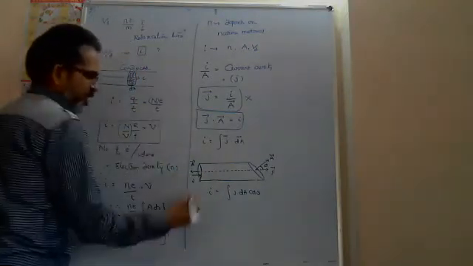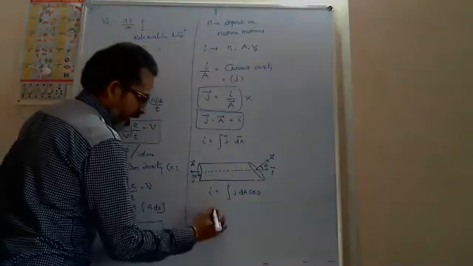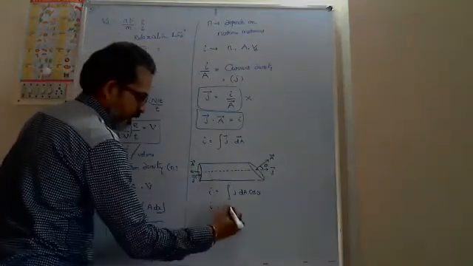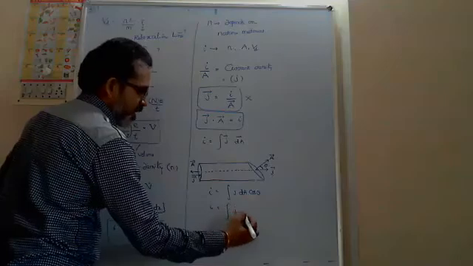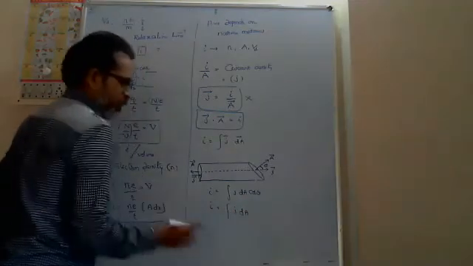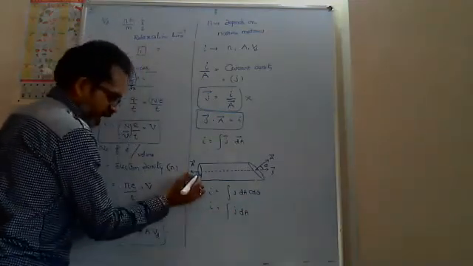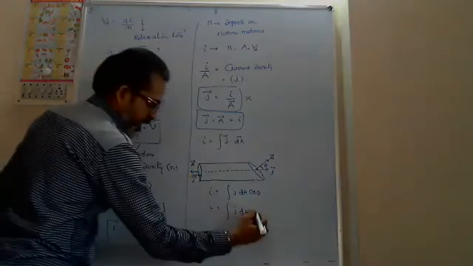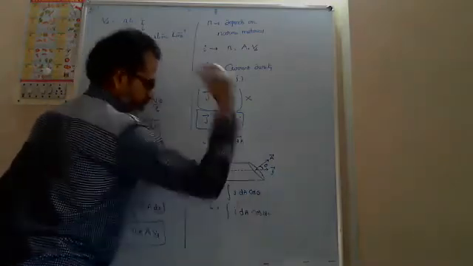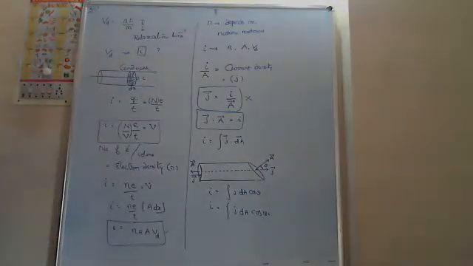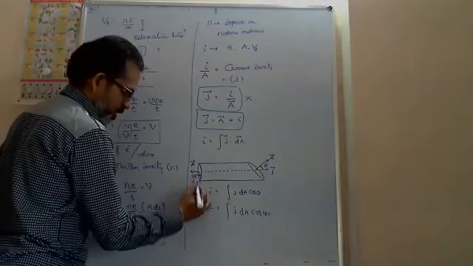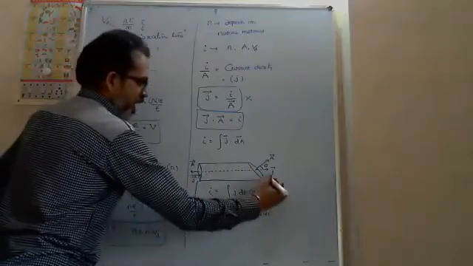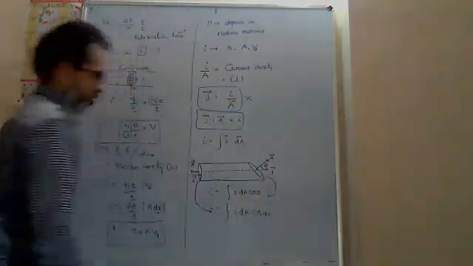Then here I can write I is equal to, at this point, the integral of J dA, where the angle between them is 180, cos 180. This is at the first cross section, and this is at the second cross section.